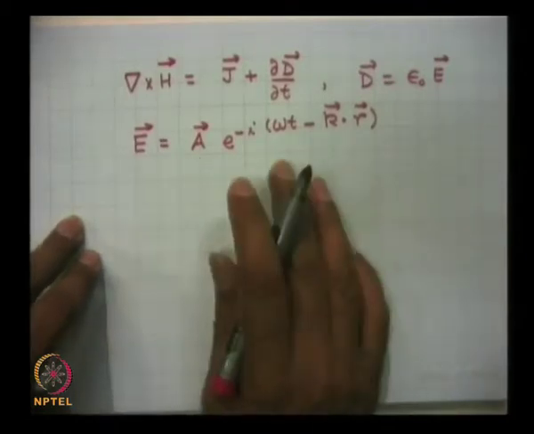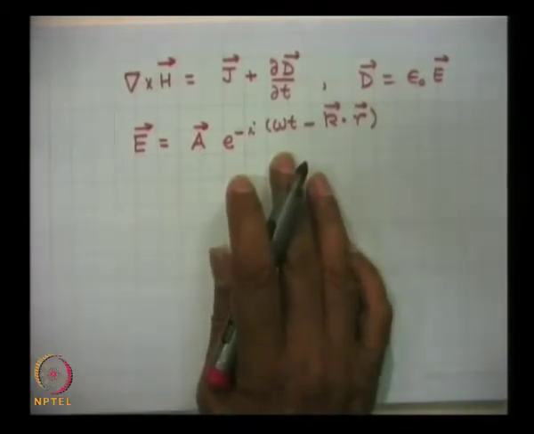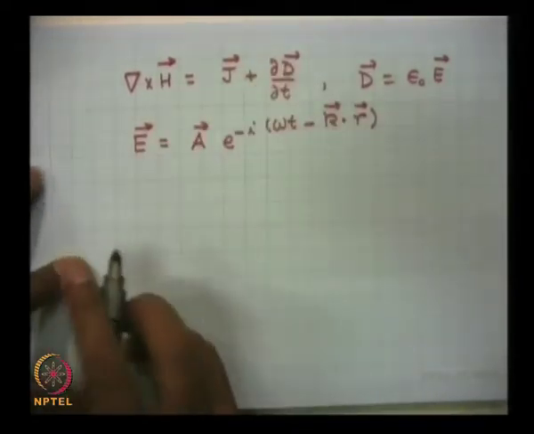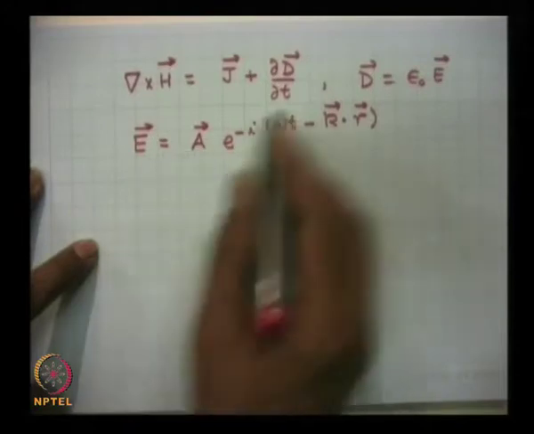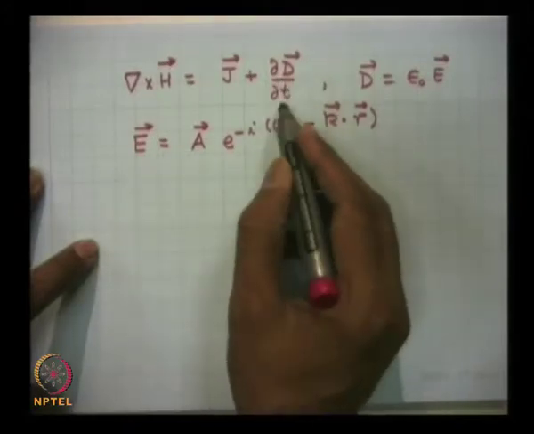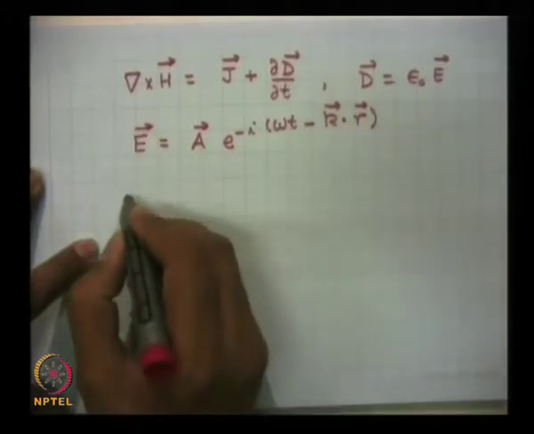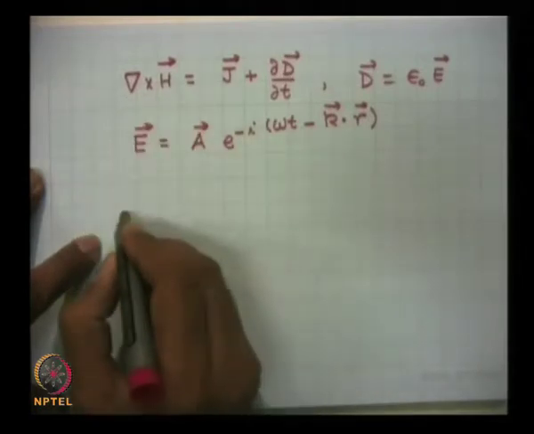If I put this in this equation, what do I get? I can replace delta delta t by minus i omega, and retain the left-hand side as such.